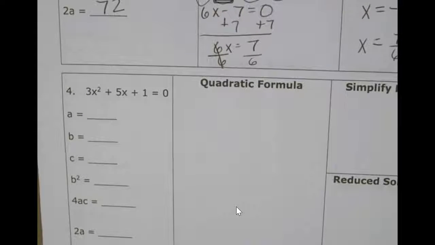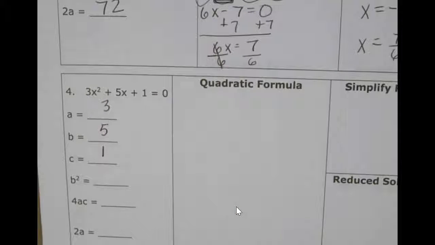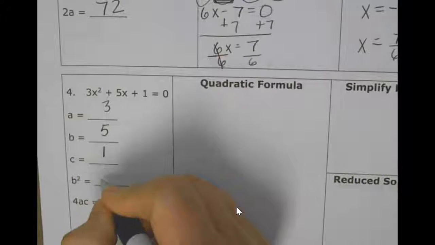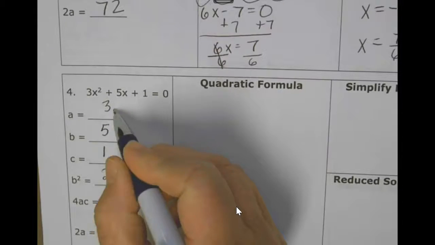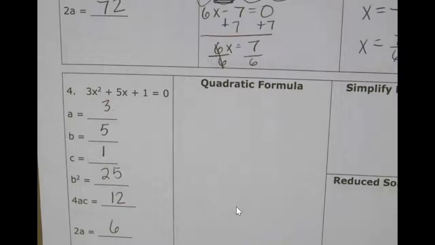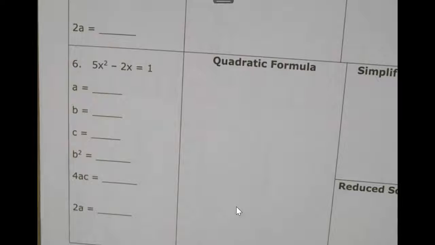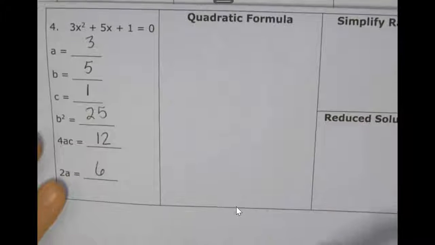On problem number 4, before you start the problem, you have to make sure it's in standard form. Is it in standard form? If the answer is yes, then you fill in your A's and your B's and your C's. And you continue down the chart. B squared, 4AC, and 2A. Once you have this chart filled in, the reason we fill in the chart is to make it easier for you to fill in the quadratic formula part, because now you have all the pieces.